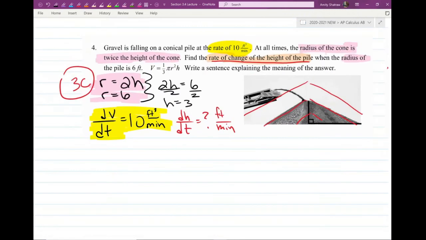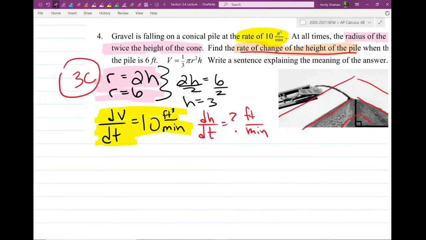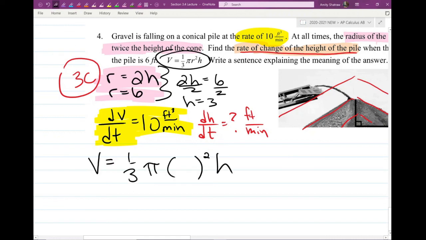So I'm going to zoom in here and write down my volume formula: 1/3 pi r squared h. I'm going to get rid of r by saying that it is twice the height. That's me plugging in my known value of what r is. Okay?